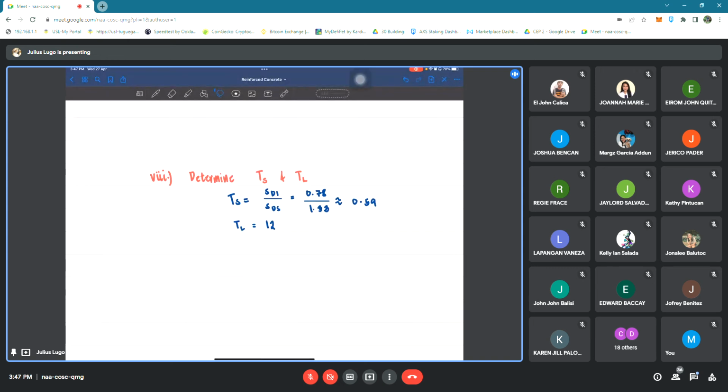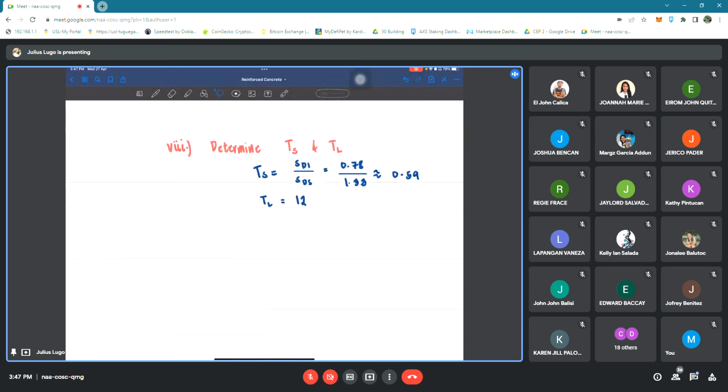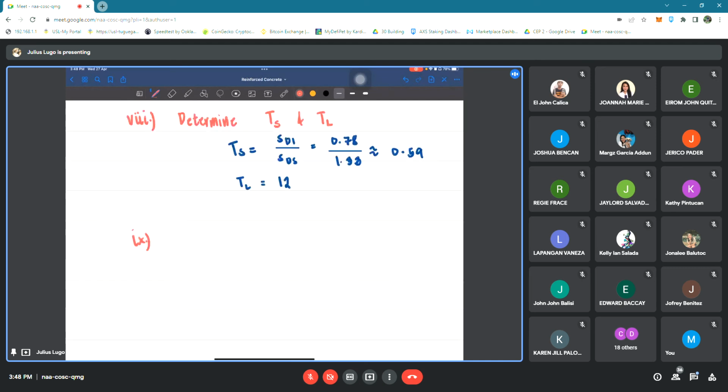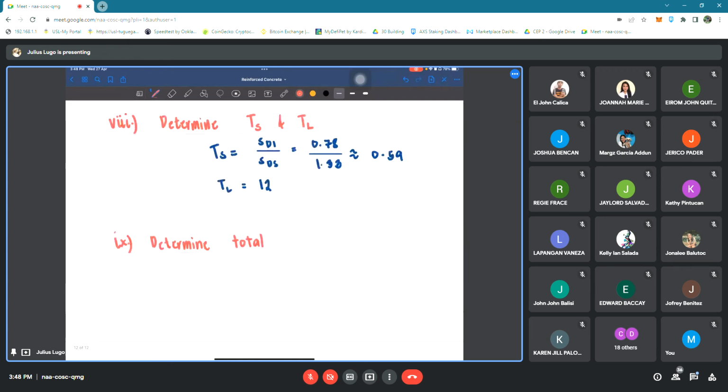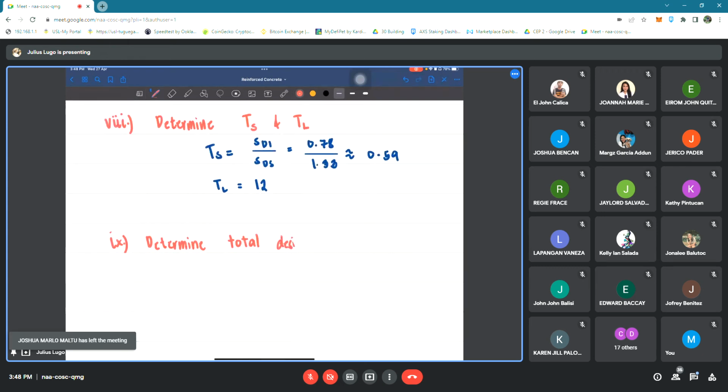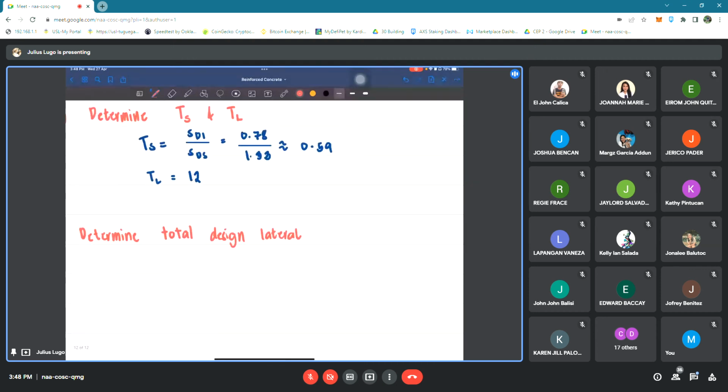The next thing that you're going to do is, okay, we're getting there. Dami natin i-determine na variable. So we now have to determine your total design lateral force.